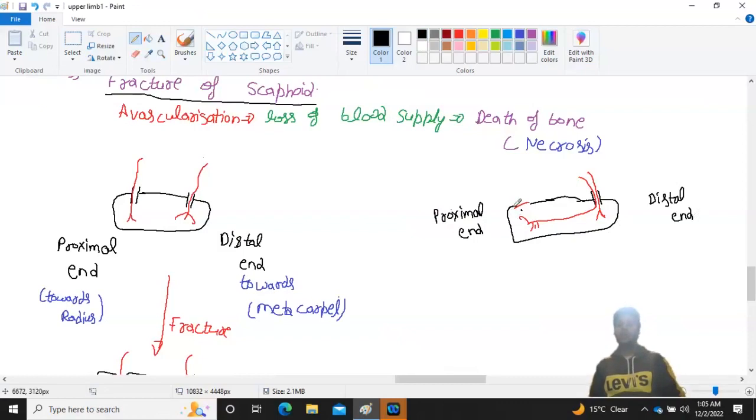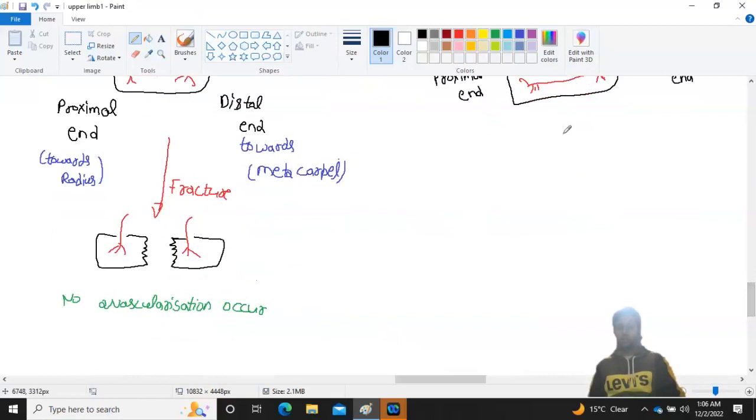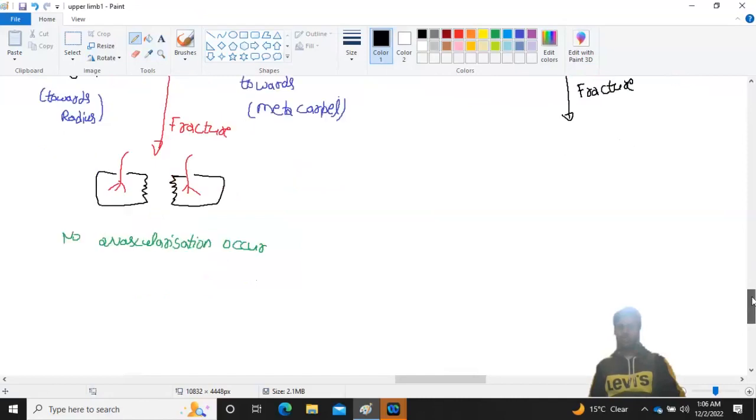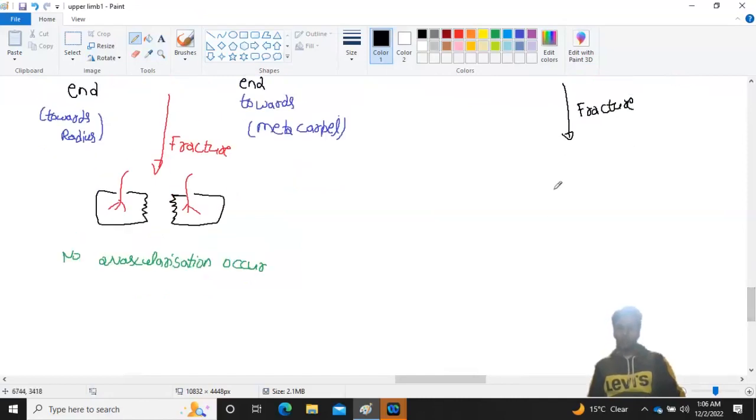Now if this time fracture occurs, so what happens? This time if fracture occurs, there is loss of the proximal part, because ब्लड सप्लाई पूरी रुक जाएगी कंप्लीटली. यहाँ तक आएगी नहीं इस बार, यहाँ तक आ ही नहीं पाई. ये तो यहाँ ठीक है सप्लाई.